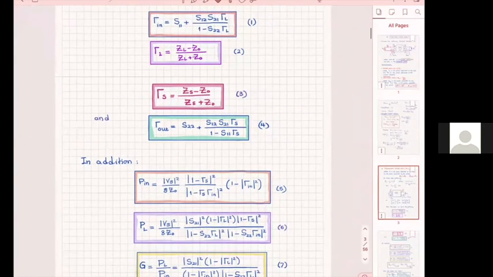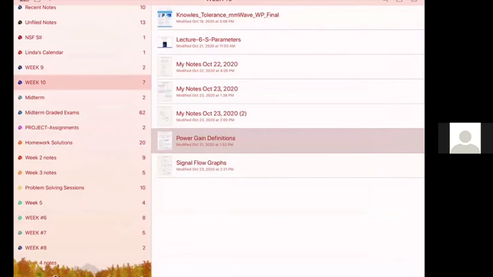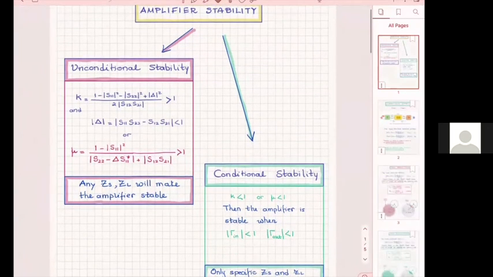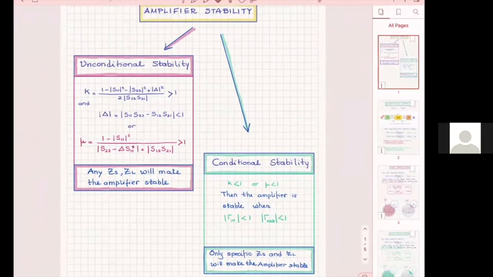And for the last few minutes, I wanted to take you to the following definitions. Amplifier stability. You remember when we solved amplifiers in the project and the homework, we talked about unconditionally stable.